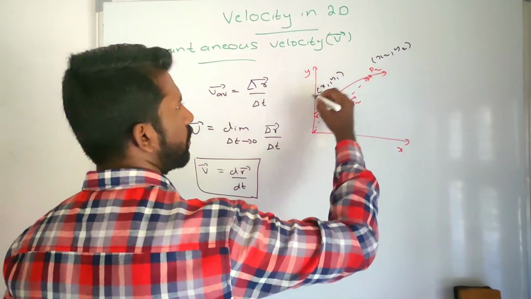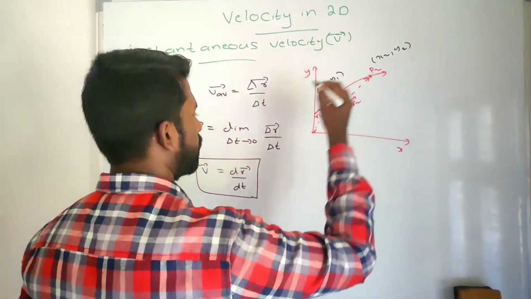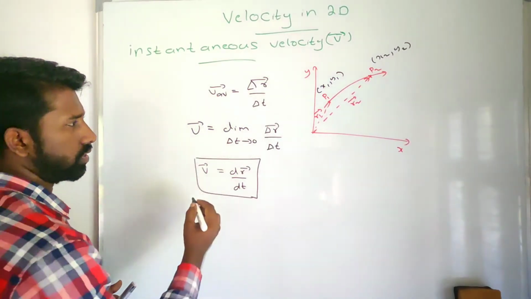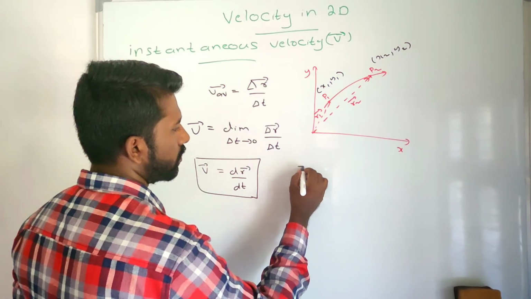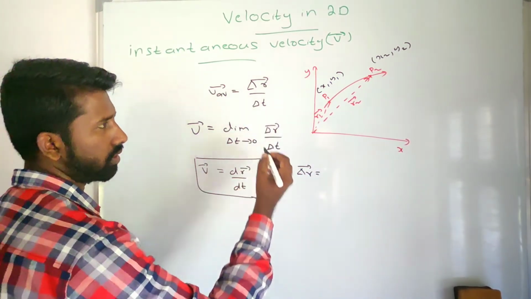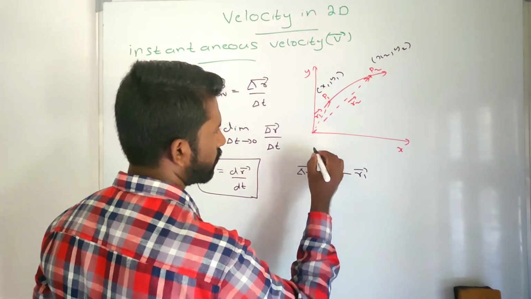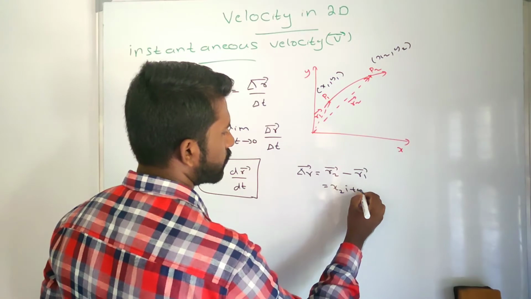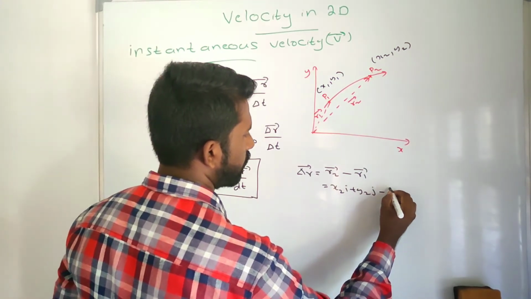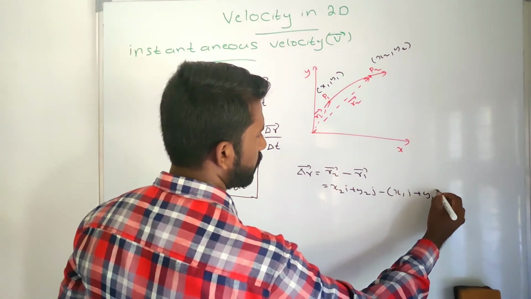In between, what about the instantaneous velocity? We have to see. For this I am going to consider delta r. Delta r is equal to r2 vector minus r1 vector. The r2 vector is x2 i plus y2 j, minus the r1 vector, x1 i plus y1 j.